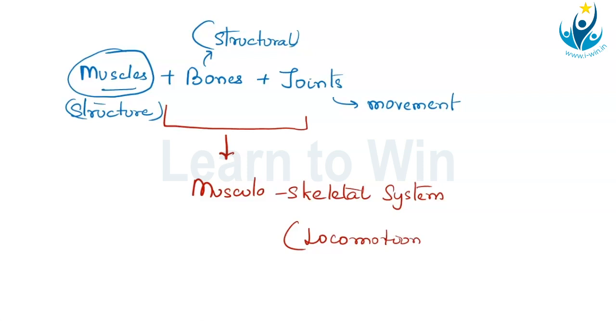So when we are studying locomotion and movement, you need to learn about the muscles, which muscles attach to the bones, what the different types of bones in our body are, and what the different joints are, and together you study all of them to understand how locomotion and movement is happening.